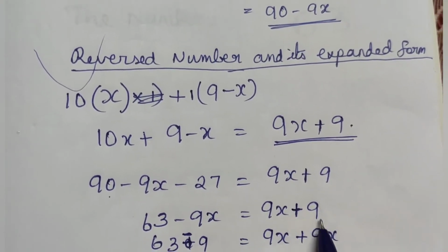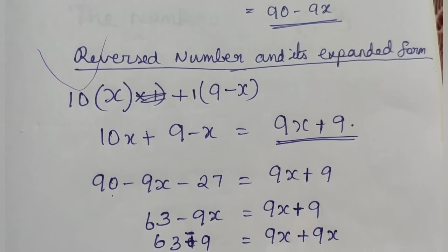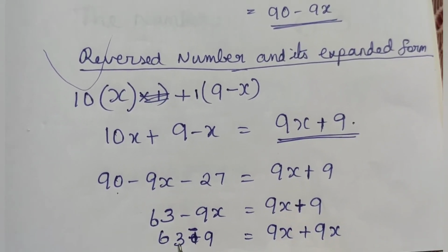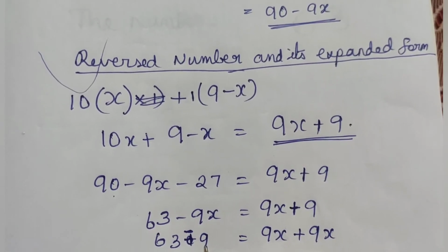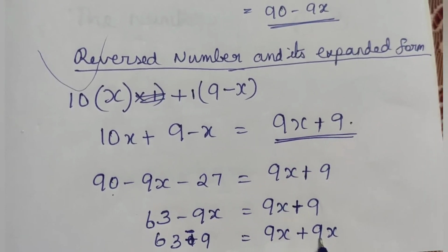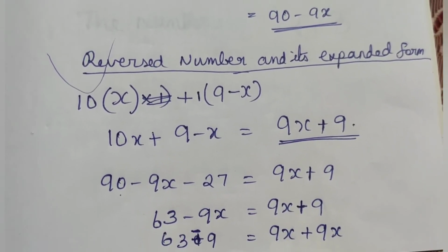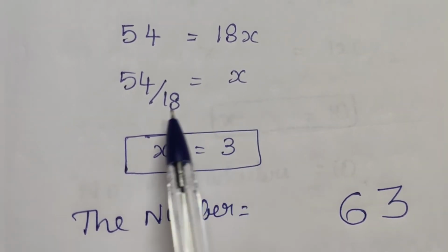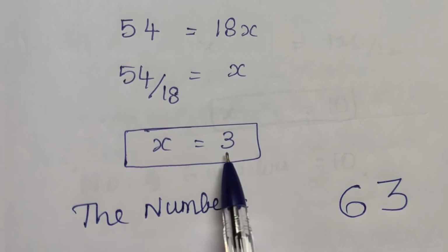Now minus 9x is transposed, becomes plus 9x. Plus 9 is transposed to this side, becomes minus 9. 63 minus 9 is 54, equal to 9x plus 9x, 18x. So 54 is equal to 18x. x is equal to 54 divided by 18, 3.